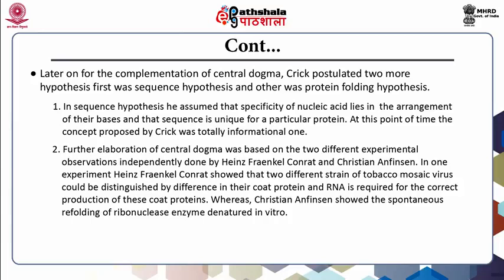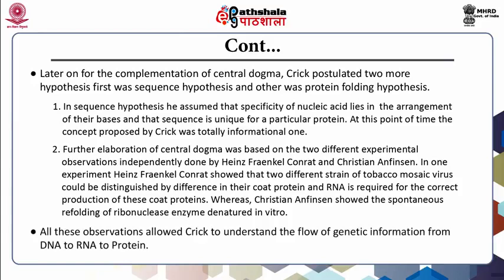Whereas, in Anfinsen's experiment, it was shown that ribonuclease enzyme denatured in vitro refolds spontaneously. All these observations allowed Crick to understand the flow of genetic information from DNA to RNA to protein.